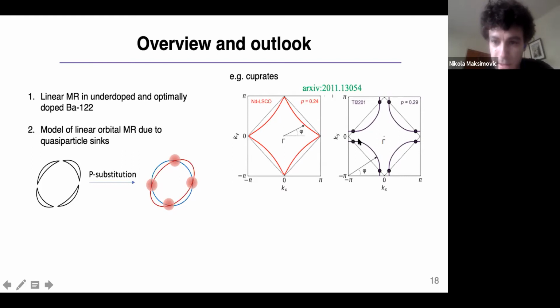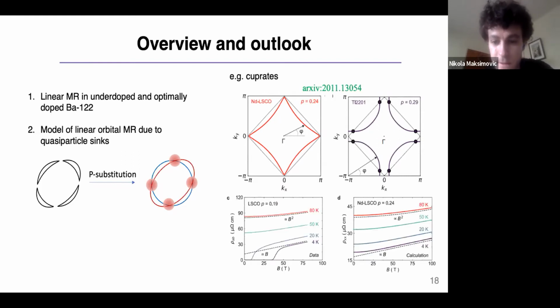And these can both act as quasi-particle sinks and in fact give rise to linear magnetoresistance. This is from Brad Ramshaw and Louis Taillefer's recent paper on cuprate magnetoresistance. And they were able to observe, just simply using a Shockley tube integral, that the magnetoresistance in high fields can be linear if you have very anisotropic scattering.